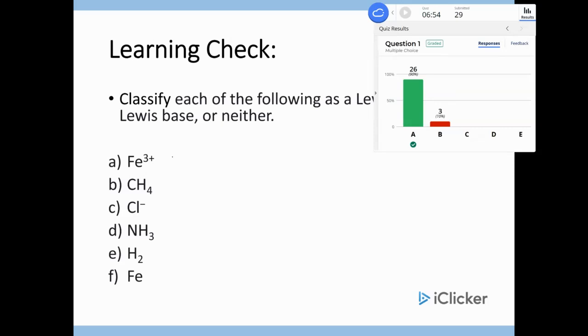So if anything, it will accept electrons, so we will call this one an acid. So metal cations can be electron pair acceptors, and that's what we have there, Fe3+.